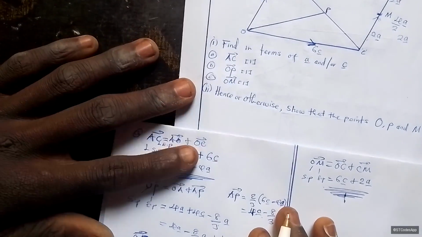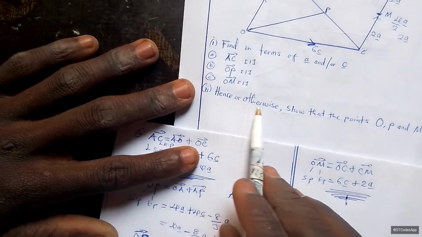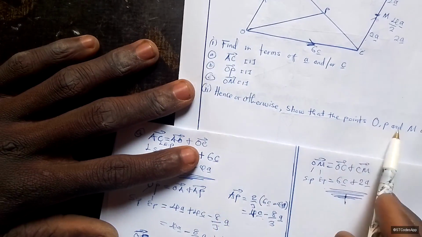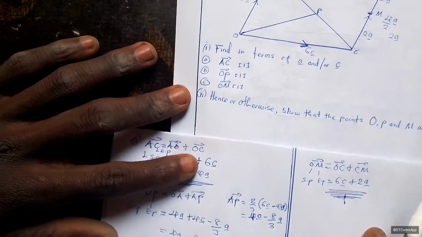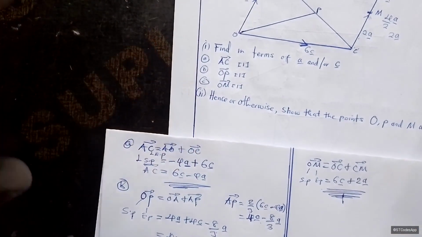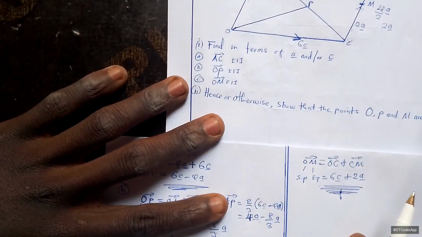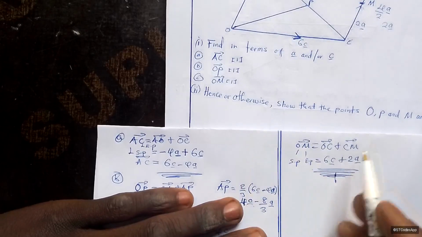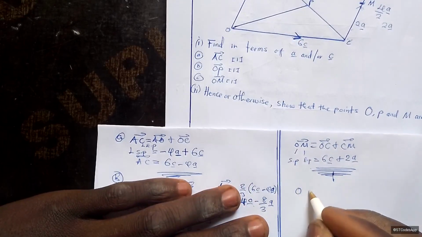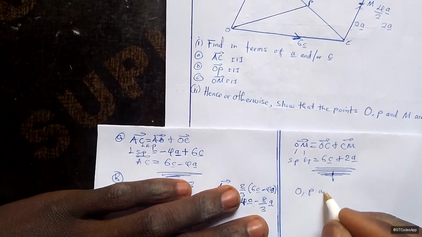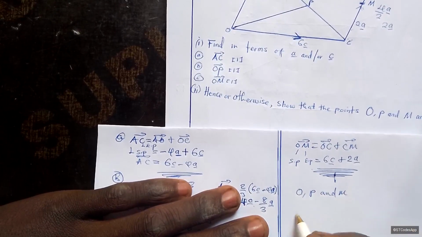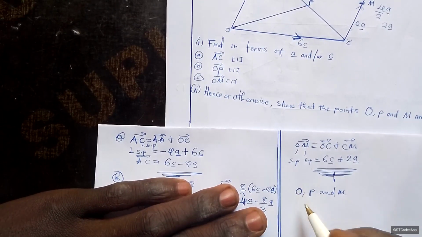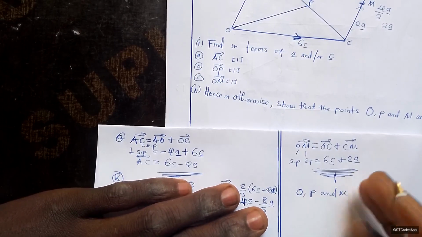Let's look at the last one, which is saying, hence or otherwise, show that the points O, P, and M are collinear. So I'm going to use the same formula that I showed you on the first question. Since this one is the diagram, we don't have column vectors.